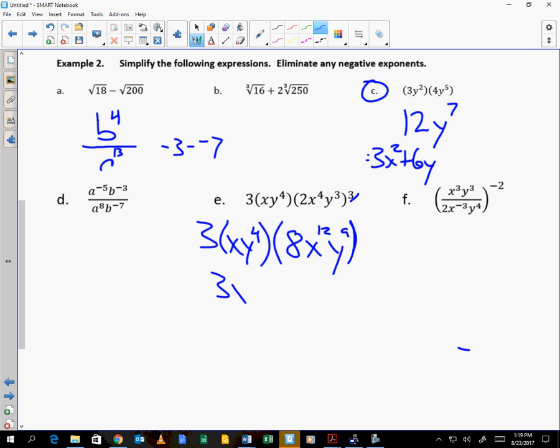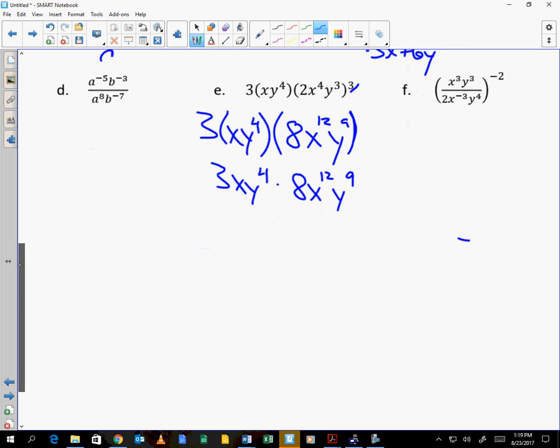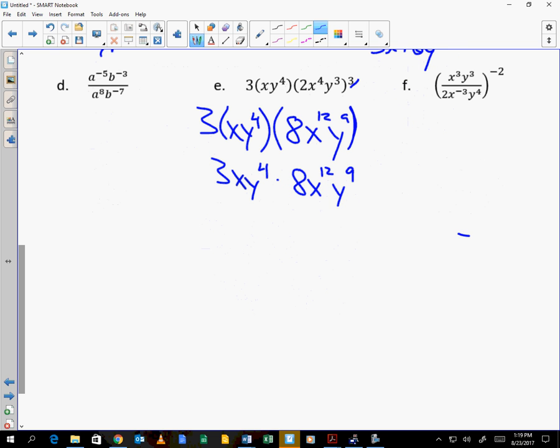Isn't that really just 3xy to the fourth times 8x to the 12th, y to the ninth? Yeah, so sometimes parentheses are used to group certain things together. In this situation, you can take them off because it's all multiplication. So 24, x to the, and y to the, very good.